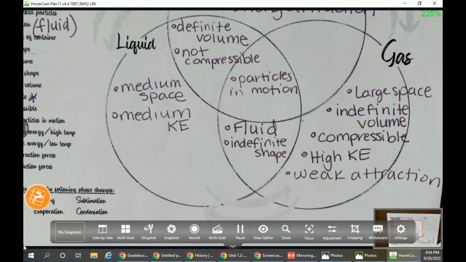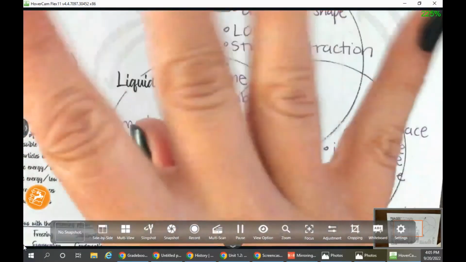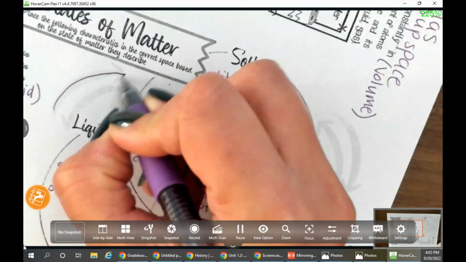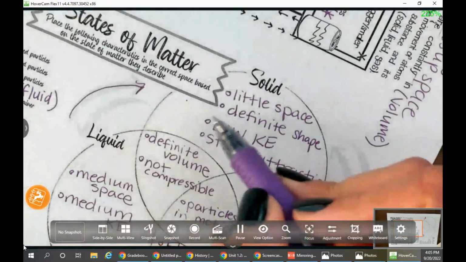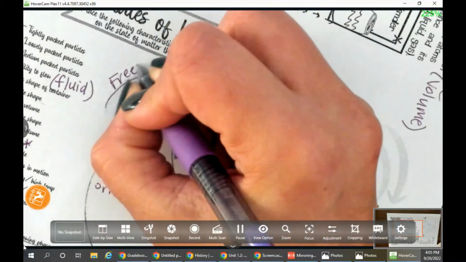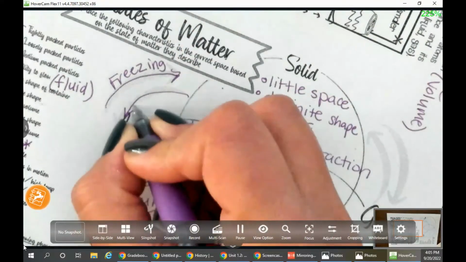Okay. So the last thing that I wanted to add to this was obviously our changes in states of matter, which are all these arrows that are on here. Okay. Because this page right here, this is your notes, right? So liquid to solid, what's that called? A liquid going to a solid. Freezing, good. What is it if I'm going from a solid down to a liquid? Melting, good.